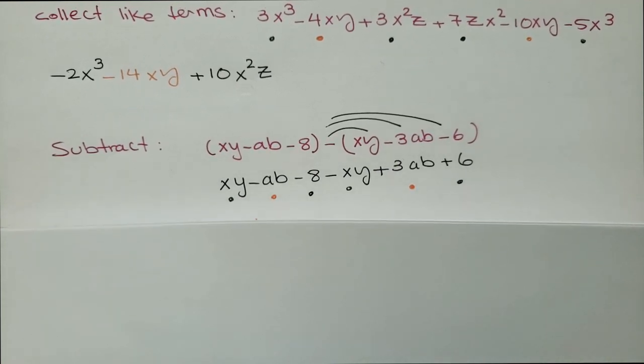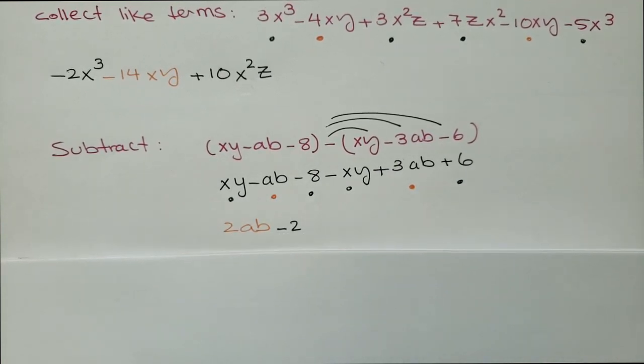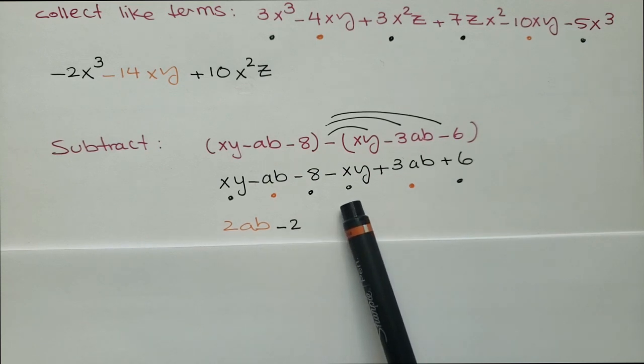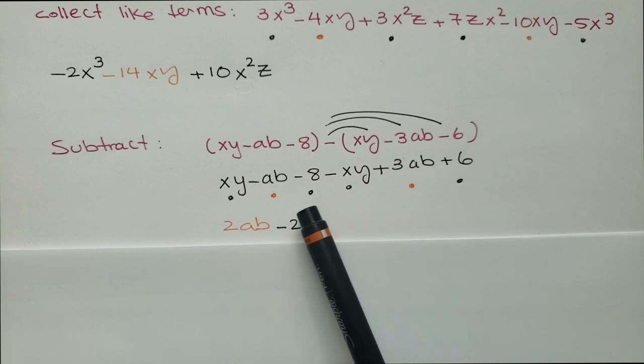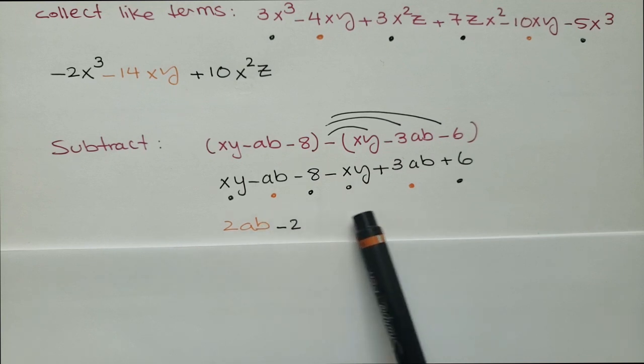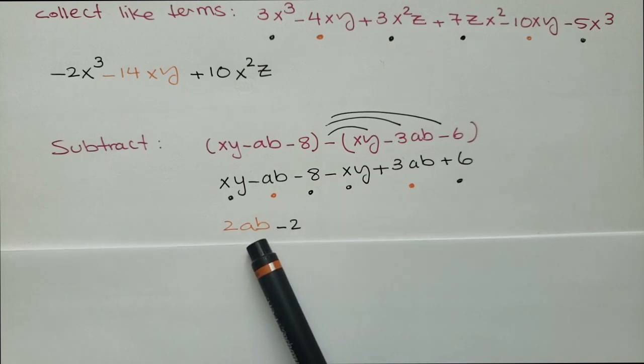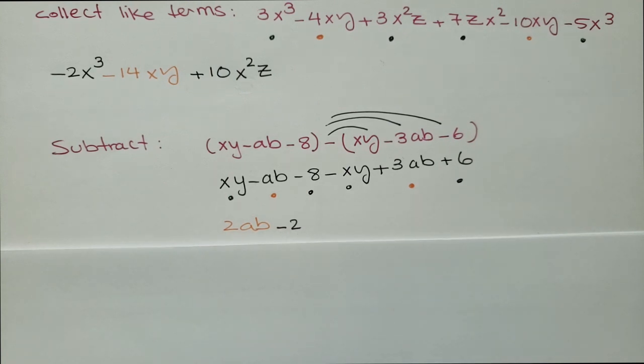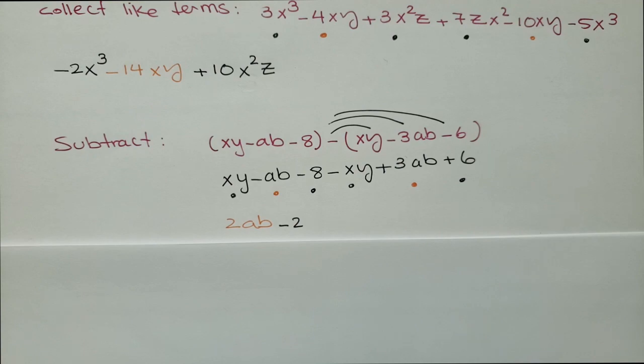Again, like terms are those which have the same letter but different coefficients. So here, xy would be cancelled out with negative xy, that would be 0, but I have negative ab and 3ab, so it adds up to 2ab, and then negative 8 plus 6 adds up to negative 2.